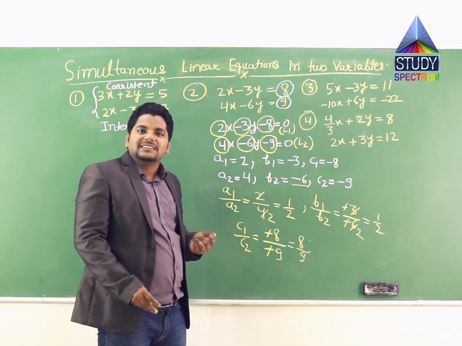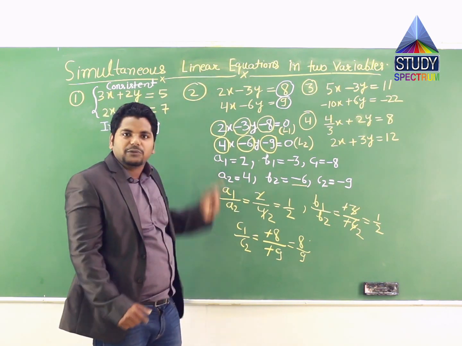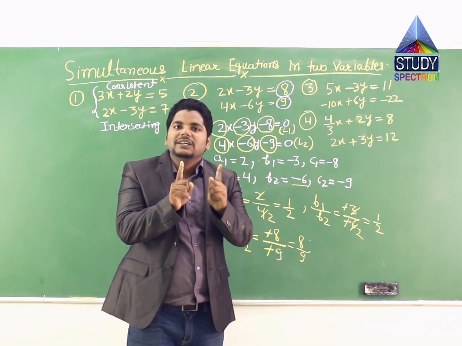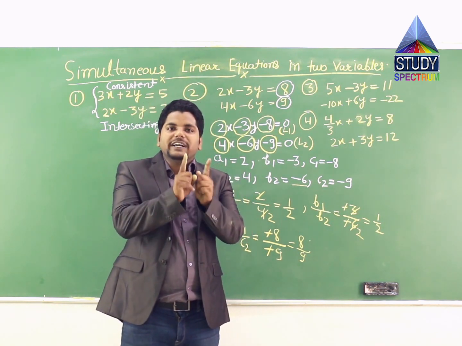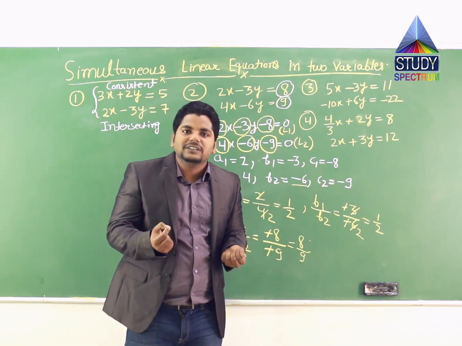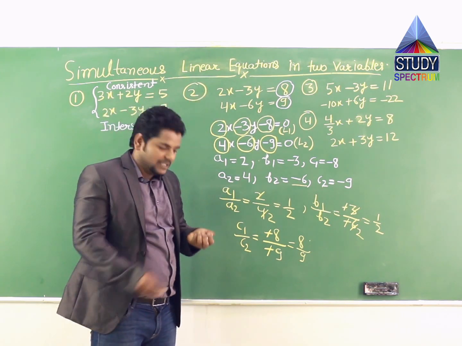So in this case, both lines represented by these linear equations will be parallel to each other. So there will be no point common to both of the lines, so we'll get no solution. So this system of equations is an inconsistent system.